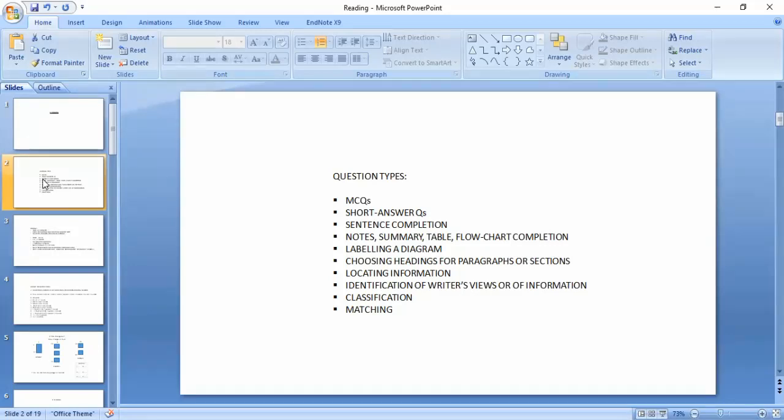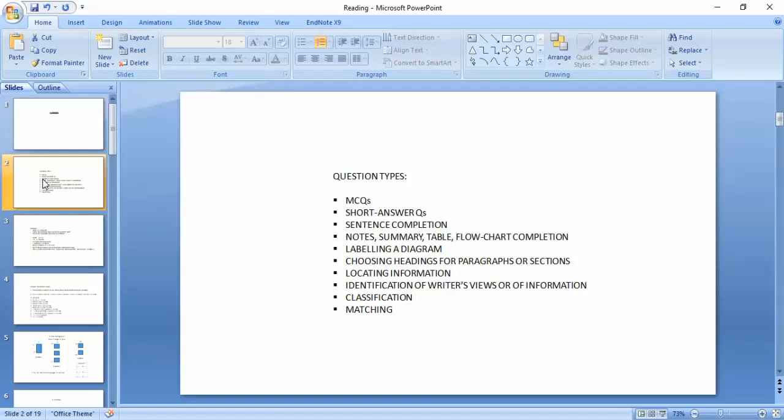And another type of question we have here is notes, summary, table, flowchart completion. Again, we have to complete these with pieces of information derived from the passages. Another type of question is labeling a diagram, where we have to name different parts of an image.